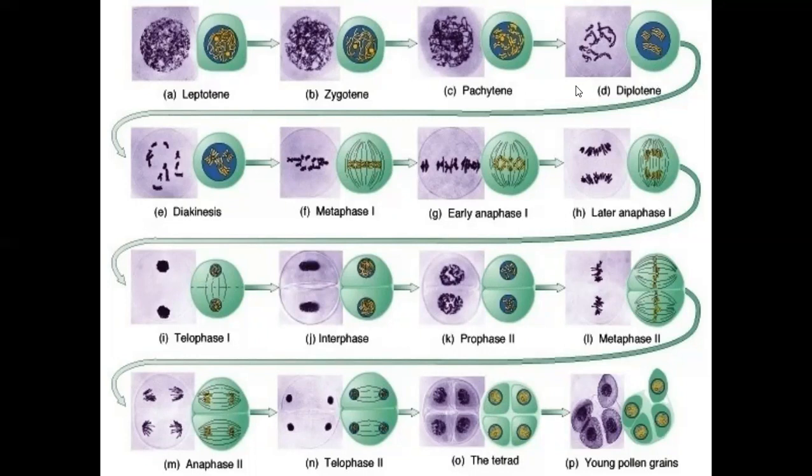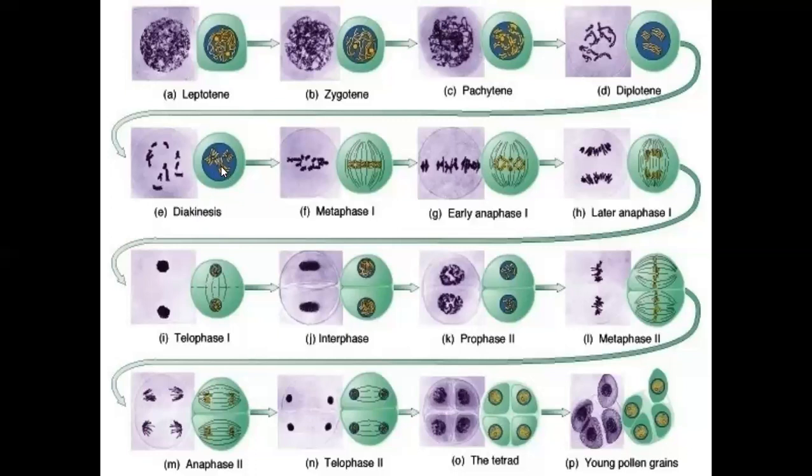After diplotene, they enter diakinesis. The tetraploid chromosomes contain only a single centromere. The chromosome arms are attached only at the centromere, but the arms are loosely arranged. So this phase is called diakinesis.